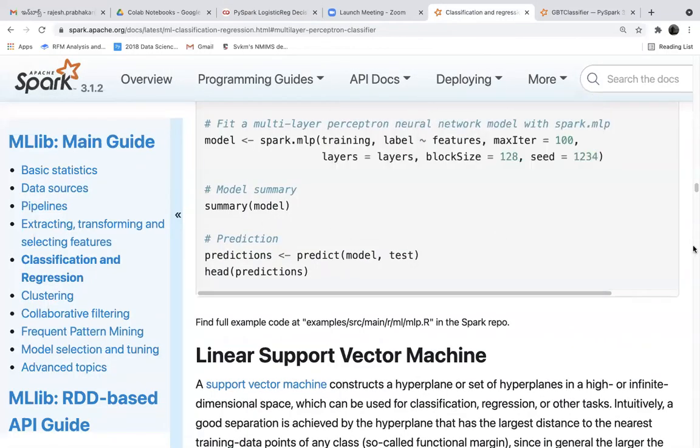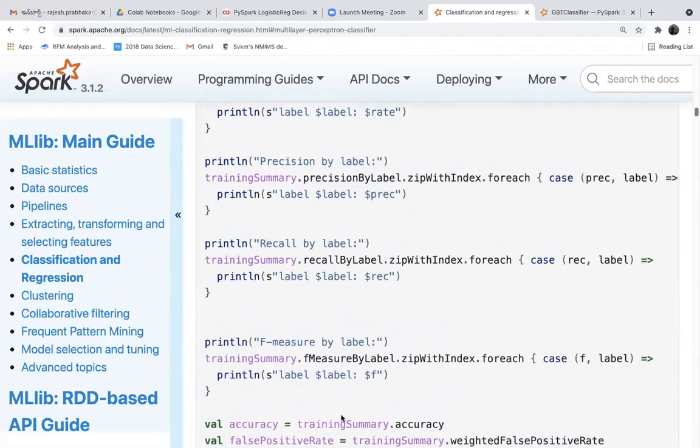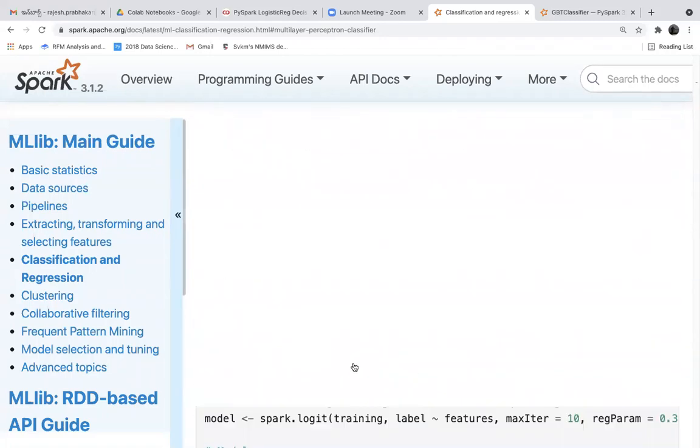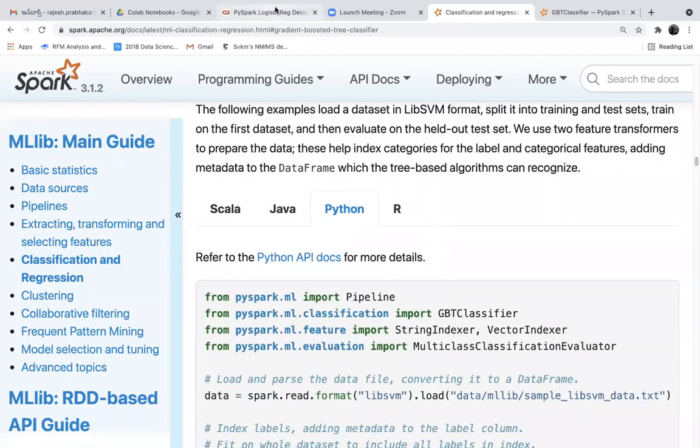What is the function for GBT classifier? GBT classifier.